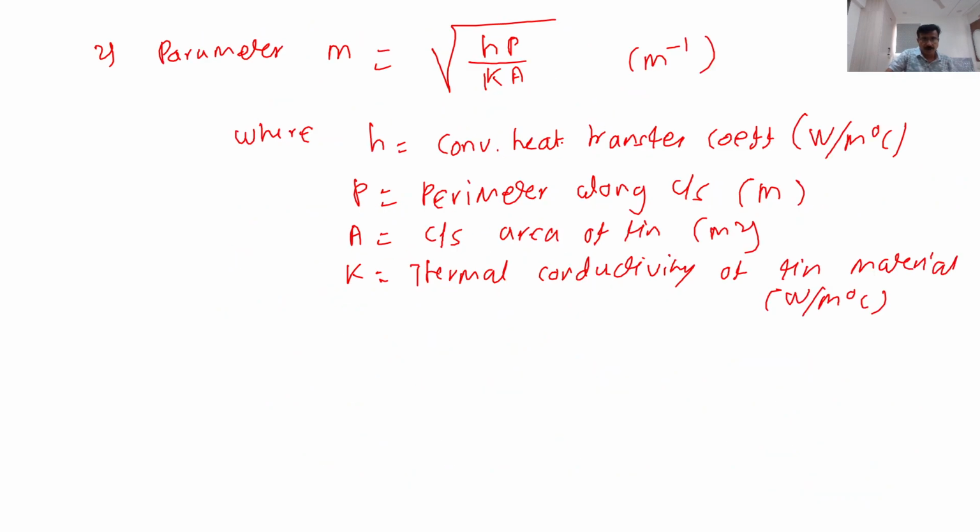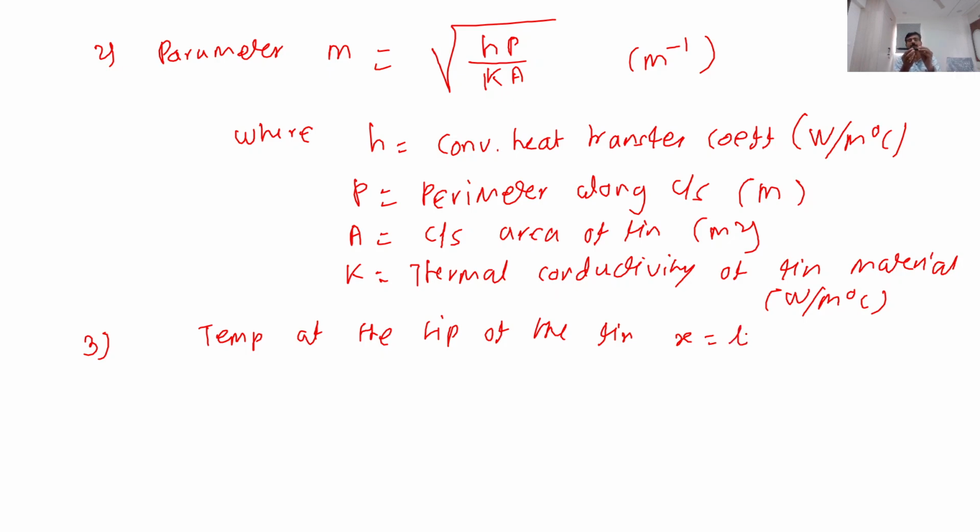Now this formula is very commonly used, derived from the temperature distribution equation, formula number 1. If I want to use formula number 1 to determine the temperature at the tip of the fin, what is the tip? That means x becomes the length of the fin.